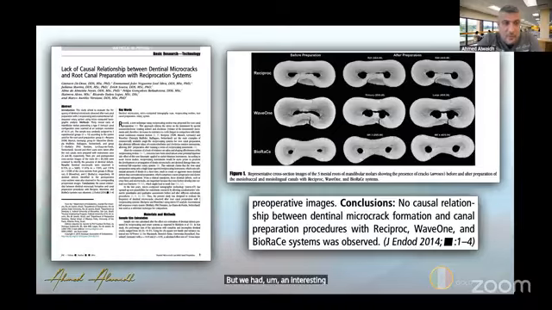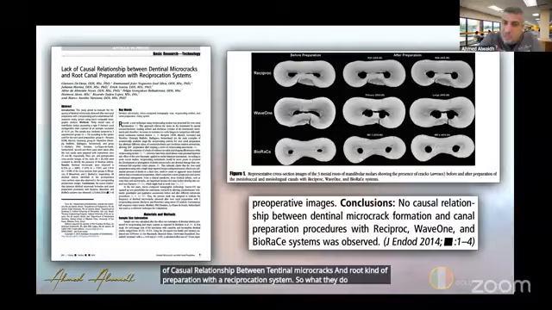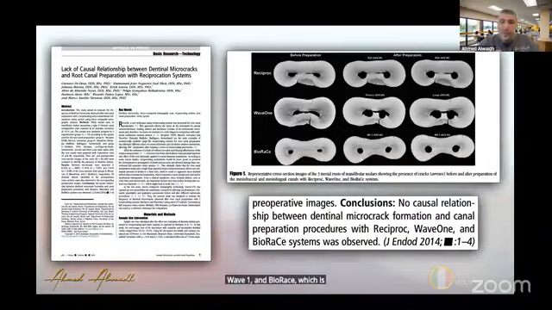paper, okay, the title was The Lack of Causal Relationship Between Dentinal Microcracks and Root Canal Preparation with the Reciprocation System. So what they did, they used Reciproc, Wave One, and BioRace, which is a rotary file, to compare.